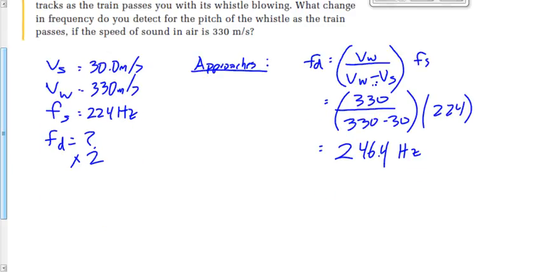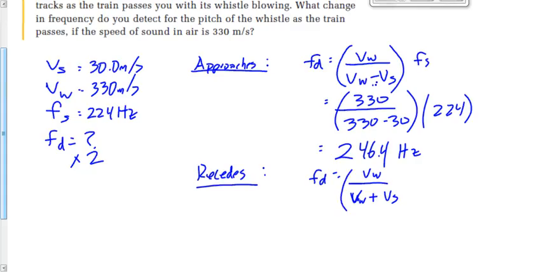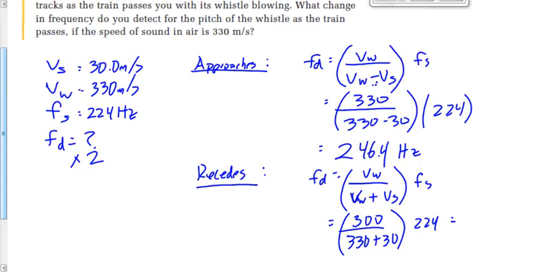Okay, now as it's going away from us, or as it recedes, we're going to say FD is equal to VW over VW plus VS times FS. It's going to be 330 over 330 plus 30 times 224. 330 over 360, we're getting 205.3 here.